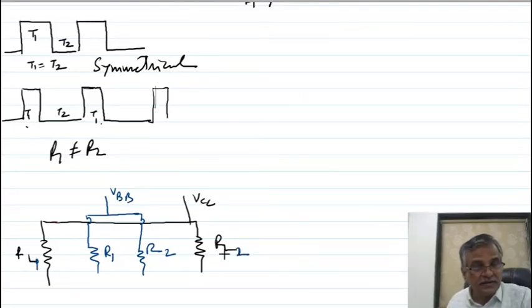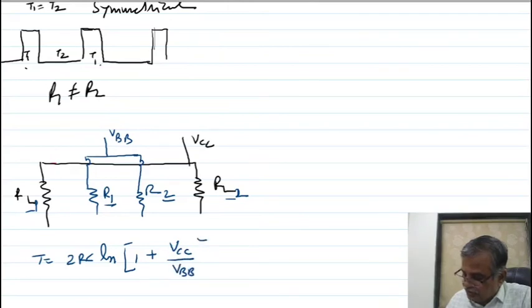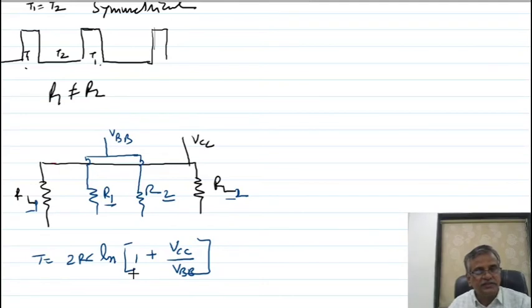If I am keeping all values equal, then my frequency of oscillation for different supply voltages is given by this equation.